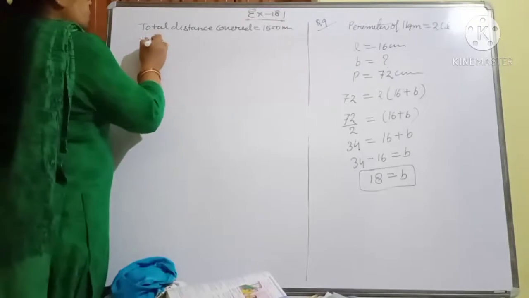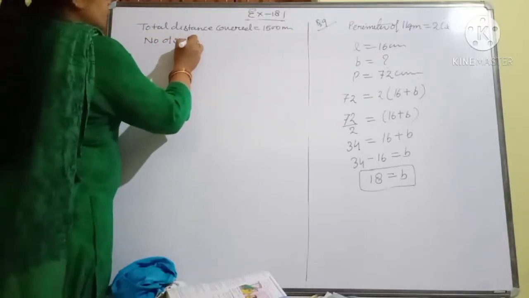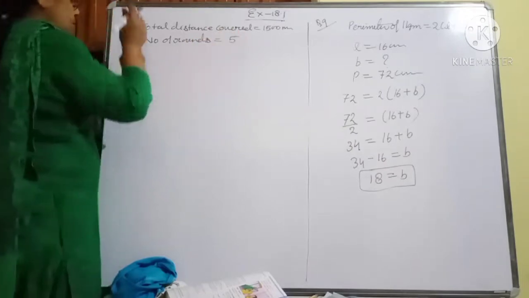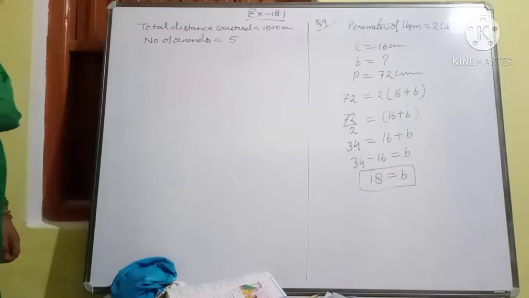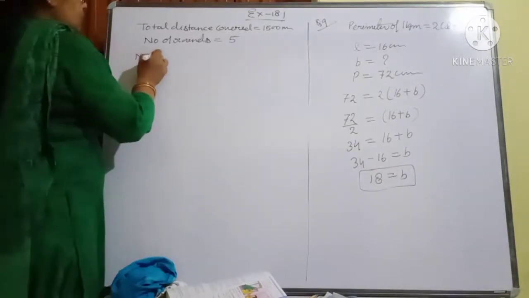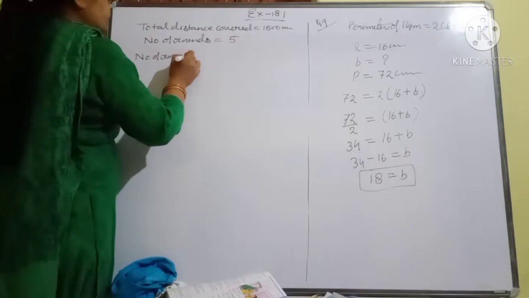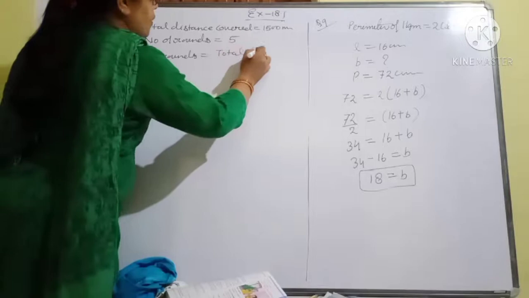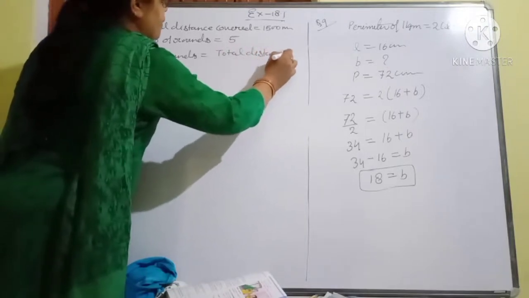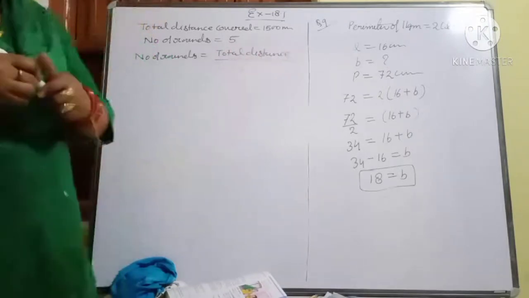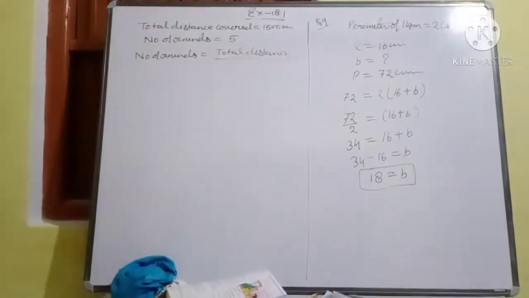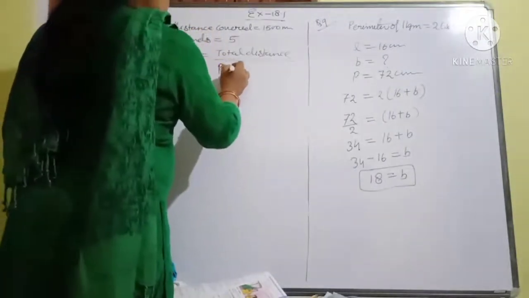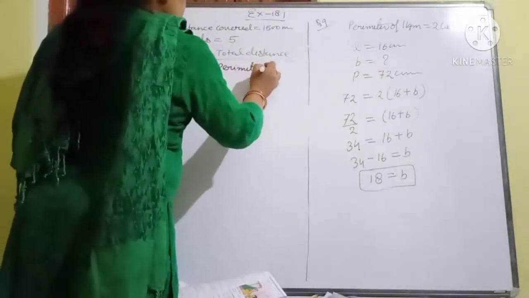Number of rounds is equal to 5. So just now I taught you one formula, that number of rounds is equal to total distance upon perimeter of hexagon.